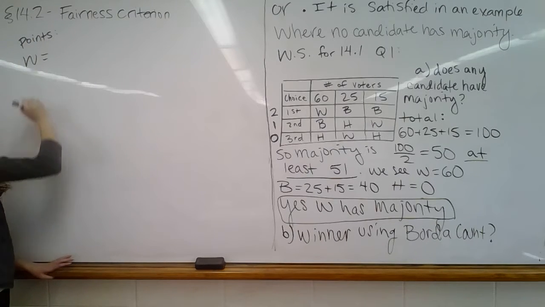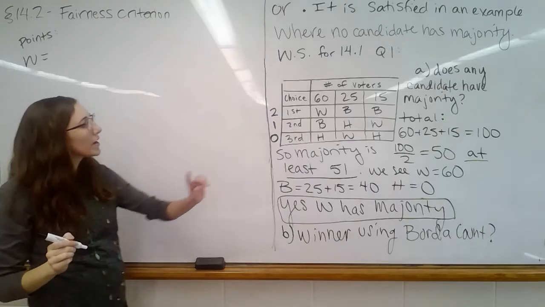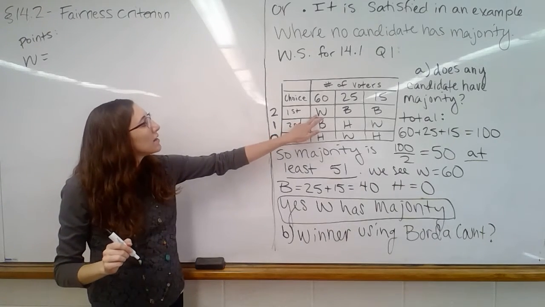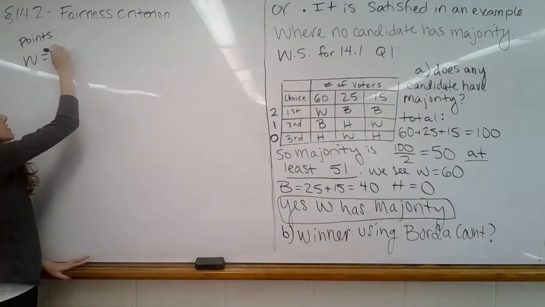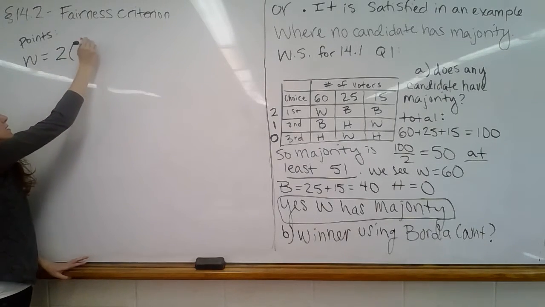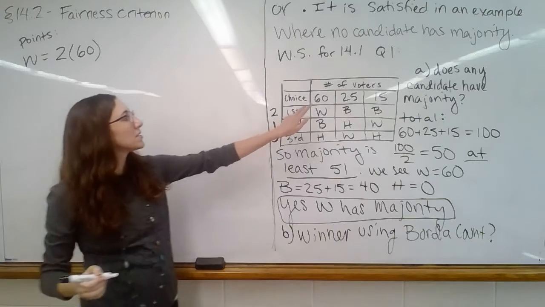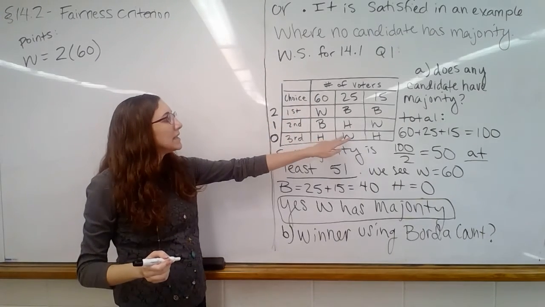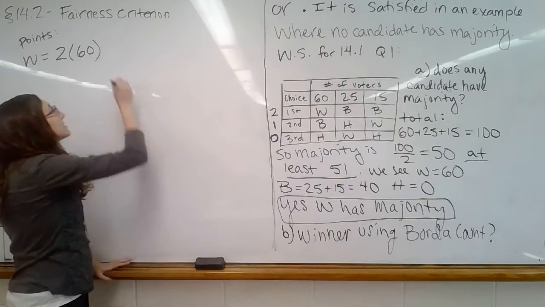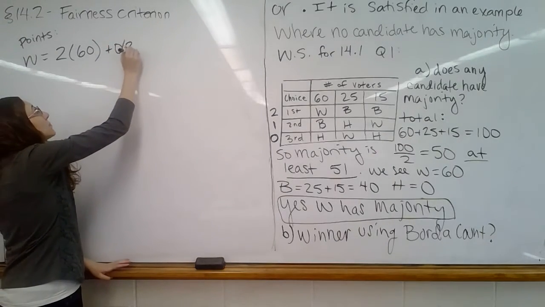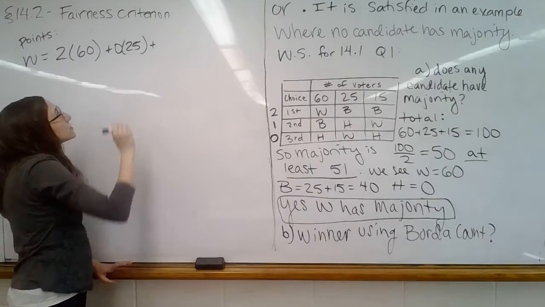So we can figure out the points for Western. Well, as we look at Western, working our way across, we see in the first column, it's on the first choice, so it's 2 points, and that was worth 60 votes, because there's a 60 above that column. Seeing W in the next one is last choice, so 0 points times 25 votes.